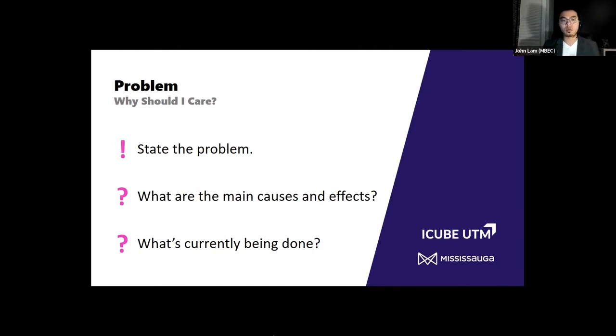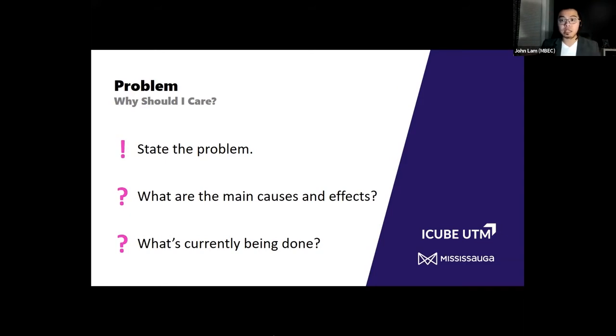What are the main causes? What are the effects? And what's currently being done? This is often overlooked. Who are your competitors? If you say you have no competitors, well, you missed out a big chunk of explaining the problem that you have. Think about direct competitors, indirect competitors. If people aren't doing anything to solve the problem, that's your competitor, right?